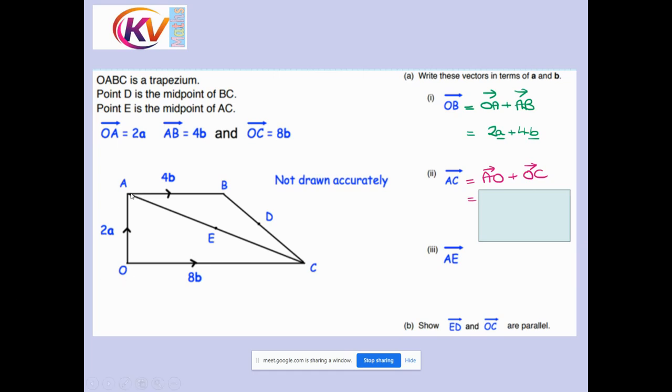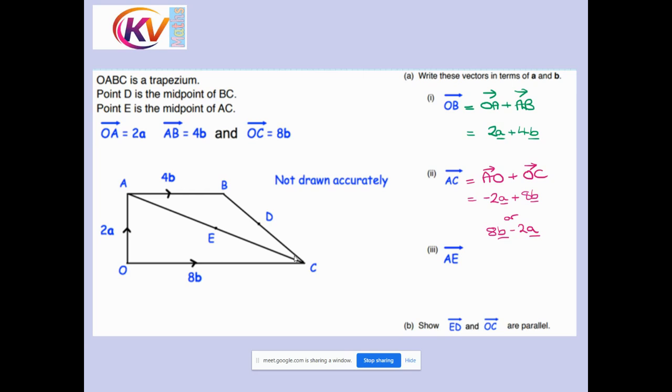I need to go the wrong way down this one, so it's going to be negative 2a plus 8b, and that can be written the other way around as well, so 8b minus 2a. We've got quite a few of you getting that correct, lots of you writing it either way around, and either would be fully correct to pick up the marks.